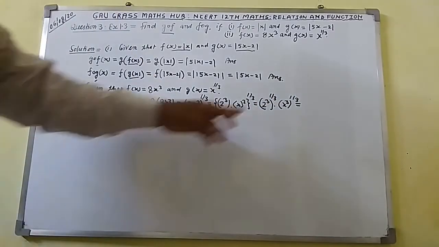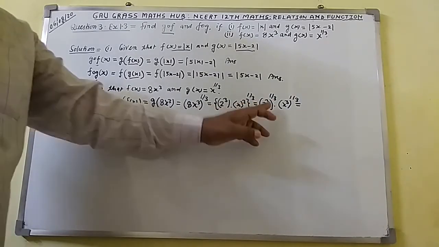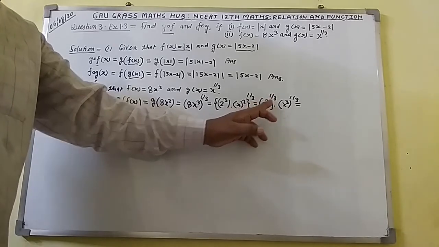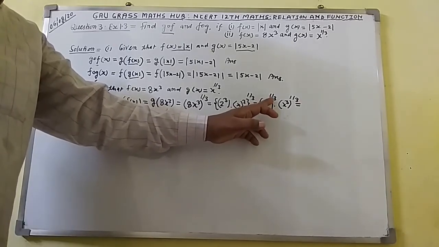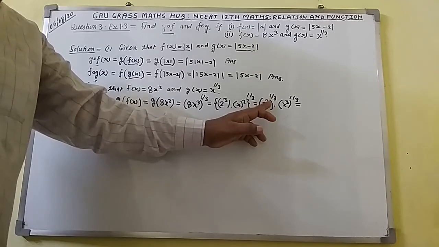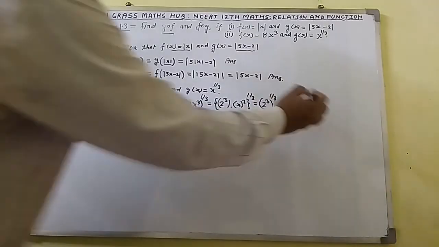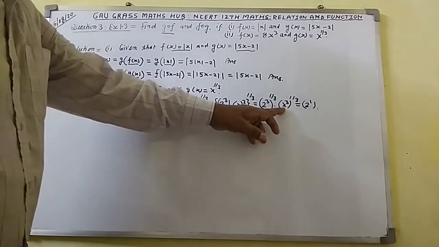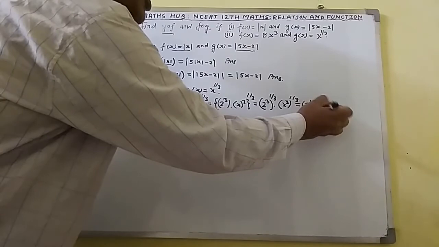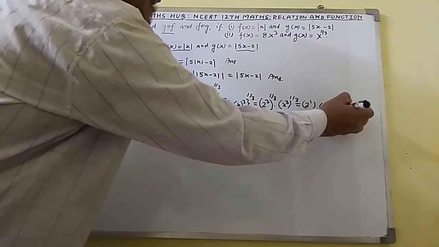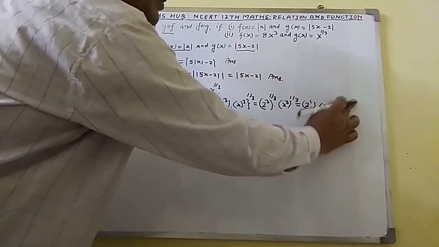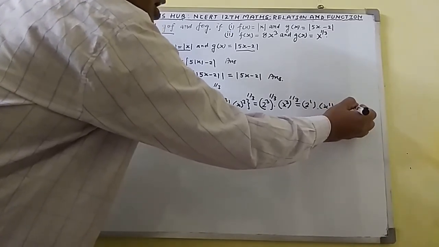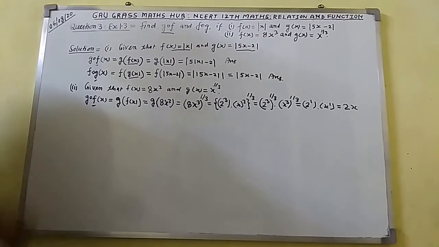So this will become, in base 2 is there, 3 is power and whole power 1/3. So the 3 into 1/3 both will be operated together, you will get 1. So here we can write 2 to the power 1. In second bracket also I shall write x to the power 1. So this will become 2x. So 2x will be correct answer of g of f.